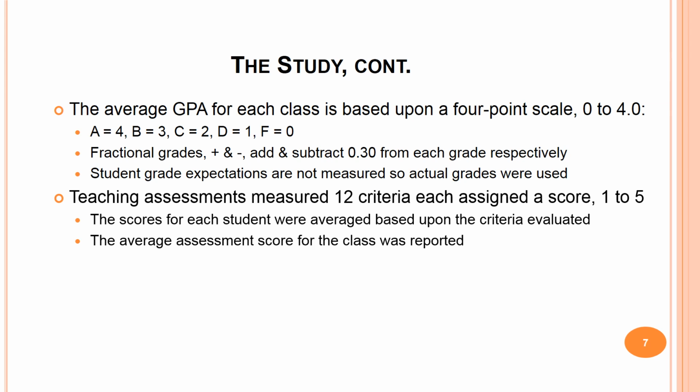Teaching assessments utilize 12 criteria, and each one is assigned a score of 1 through 5. The criteria include evaluations such as: was the instruction well organized? Did the instructor give clear explanations? Did the instructor provide timely feedback? And overall, was the instructor an effective teacher?